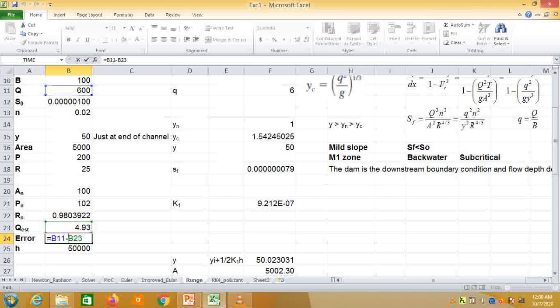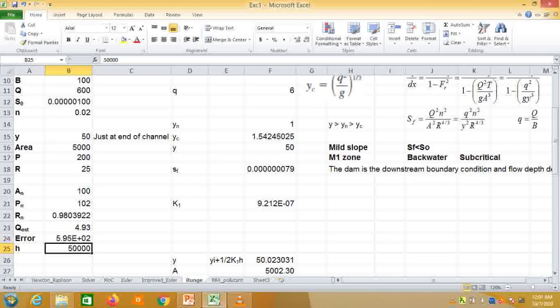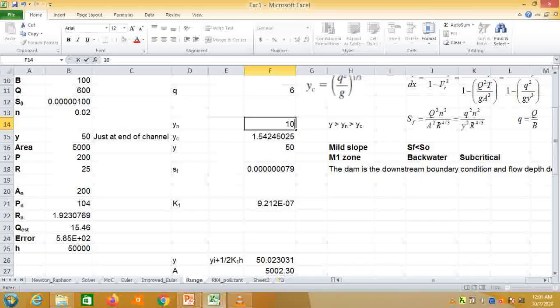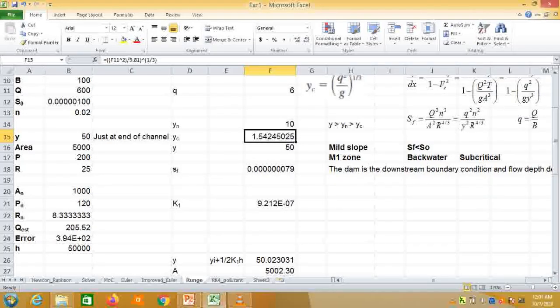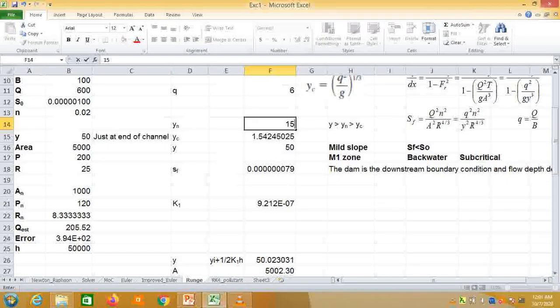So we want to reduce the error. If you just keep on increasing that, it will keep on reducing the error actually. But we need to calculate using the Newton-Raphson technique.